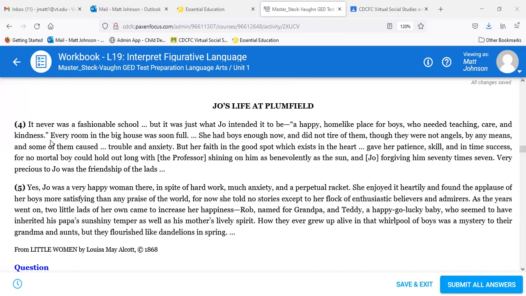As the years went on, two little lads of her own came to increase her happiness. Rob, named for Grandpa, and Teddy, a happy-go-lucky baby, who seemed to have inherited his papa's sunshiny temper as well as his mother's lively spirit. How they ever grew up alive in that whirlpool of boys was a mystery to their grandma and aunts, but they flourished like dandelions in spring. From Little Women, Louisa May Alcott.